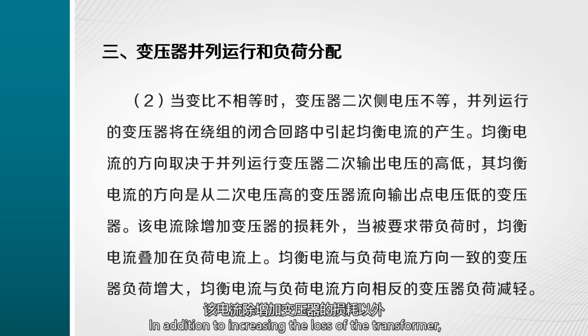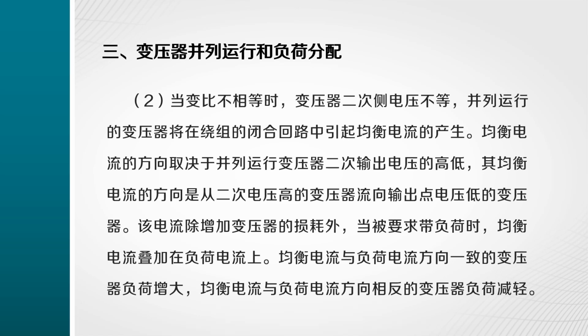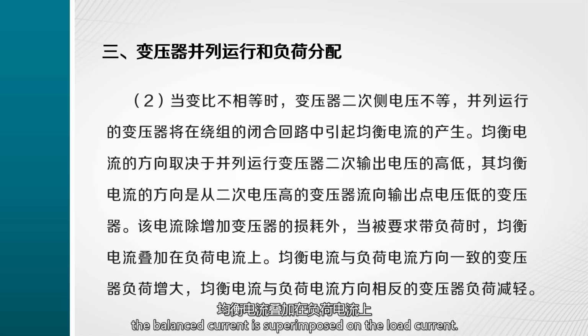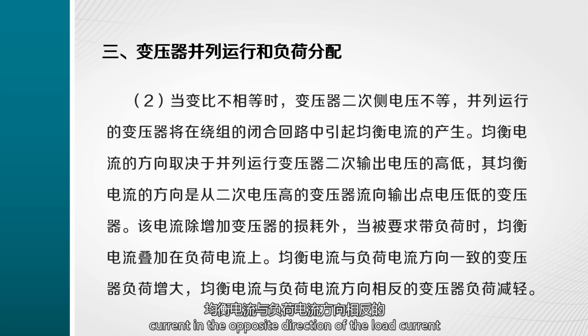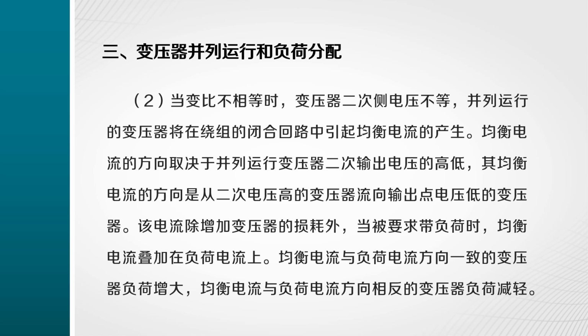In addition to increasing the loss of the transformer, when required to carry a load, the balanced current is superimposed on the load current. A transformer with balanced current in the same direction as the load current increases the load, and a transformer with balanced current in the opposite direction of the load current reduces the load.